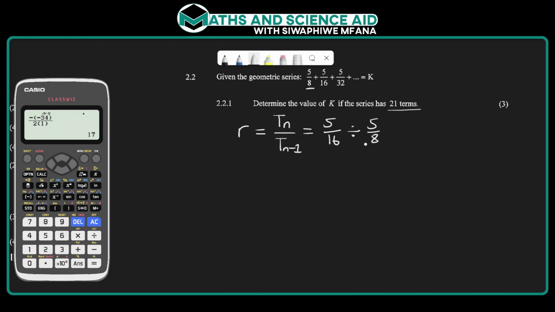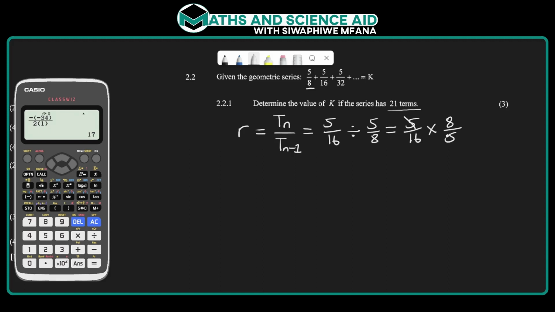Okay? And of course, if you do this division, you can work this out by taking down 5 over 16, change the division to a multiplication, and then invert the second fraction into 8 over 5.